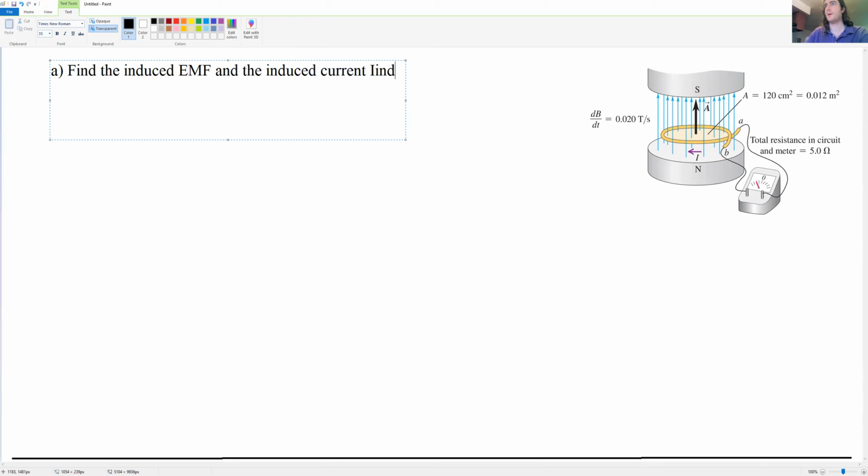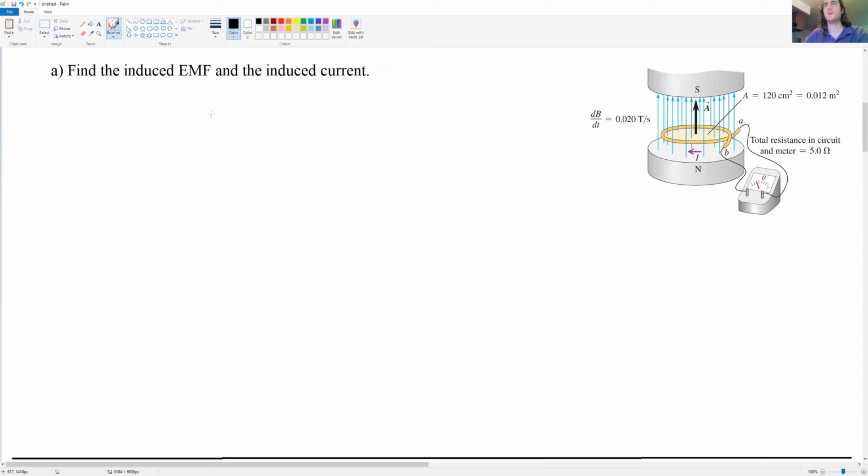I could just write that by hand. So we're looking for the induced EMF, which we're going to get from Faraday's law, and we're looking for the induced current, which, if you take a look at the problem over here, tells us we have some resistance here in the circuit, right? And so we're probably going to get the induced current from Ohm's law.